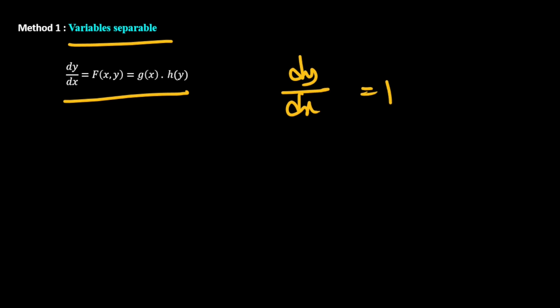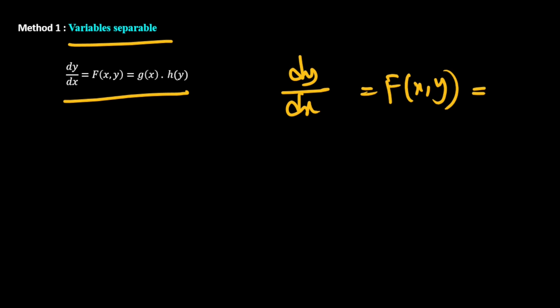Now let's move to the first method for solving the first order first degree differential equation, the method of separation of variables. Suppose our given differential equation can be written in the form dy/dx = f(x, y), the first order first degree differential equation.